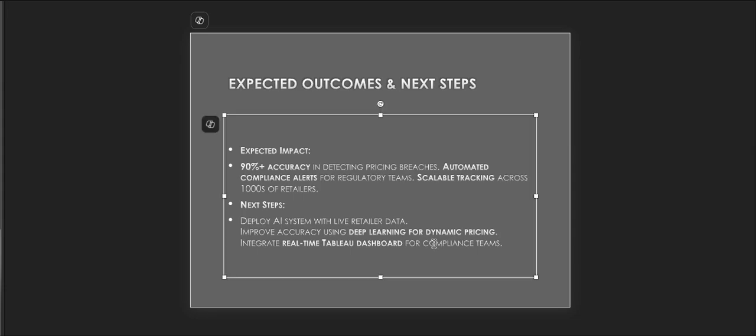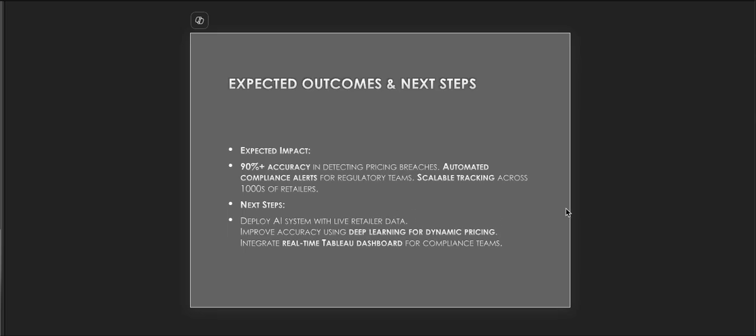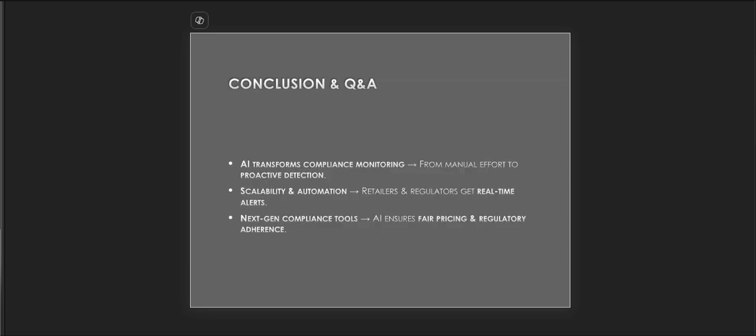Next steps: deploy the AI system with live retailer data, improve accuracy using deep learning for dynamic pricing, integrate a real-time Tableau dashboard for compliance teams so that they can visualize the breaches, the data, and the potential upcoming breaches. They could track and record what's happened historically, just make their life a lot easier.